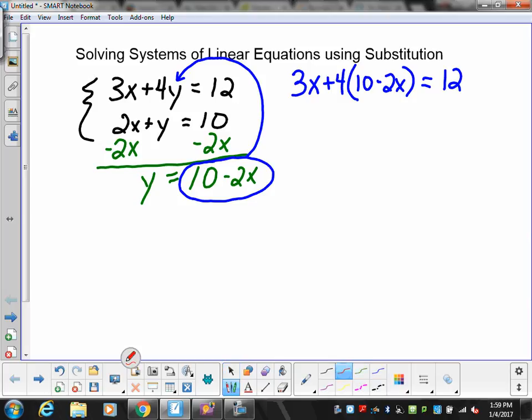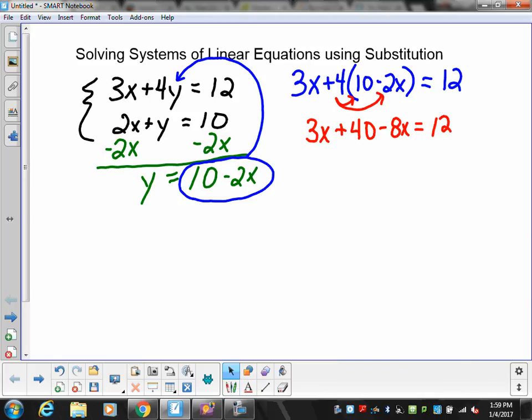So the first step is to distribute the 4, so we get rid of those parentheses. So 3x plus 4 times 10 is 40. And then 4 times a minus 2x is a minus 8x equals 12. So that step, all I did was distribute the 4.